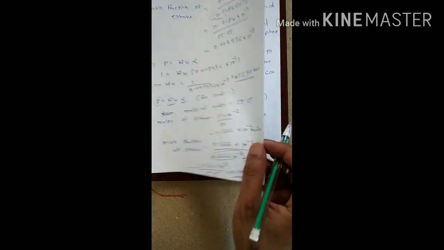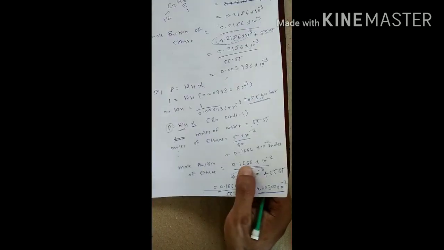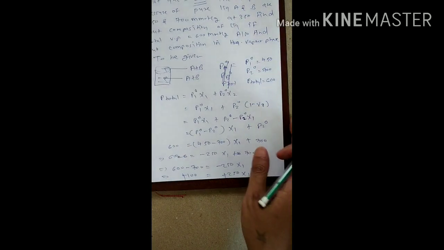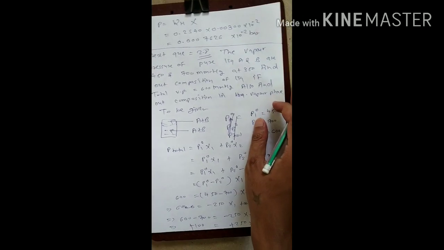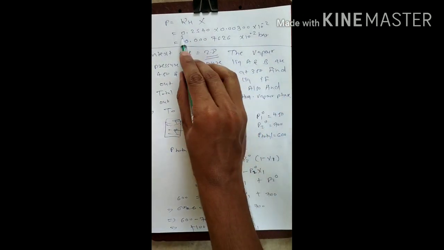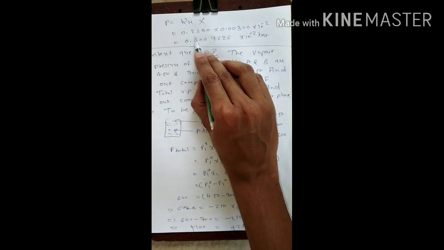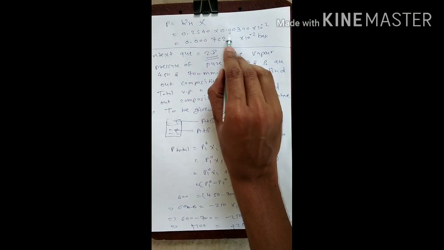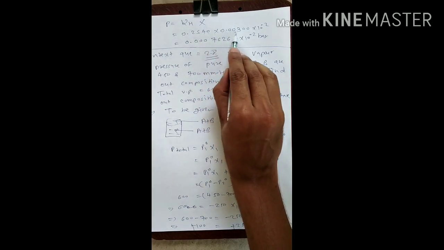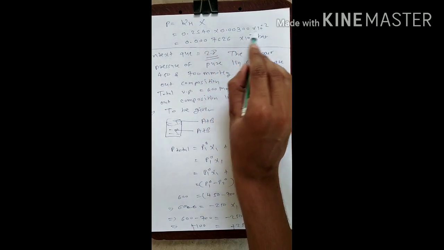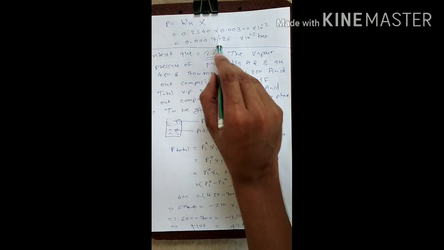Now put this value in the main equation: 0.2540, that is the Kh value we derived, and the mole fraction we derived, 0.00300 into 10 raised to minus 2.